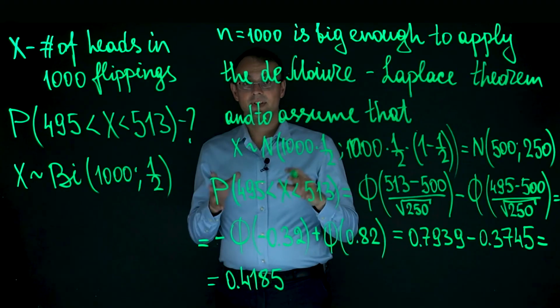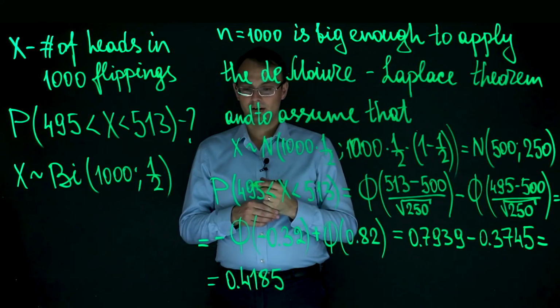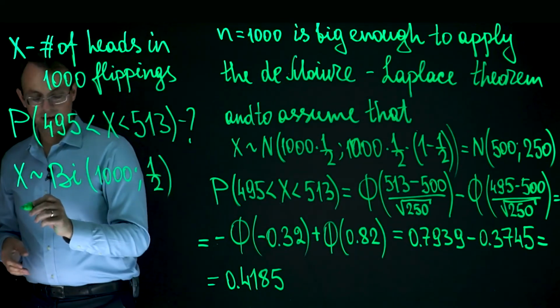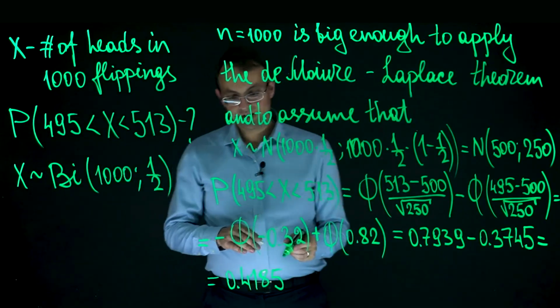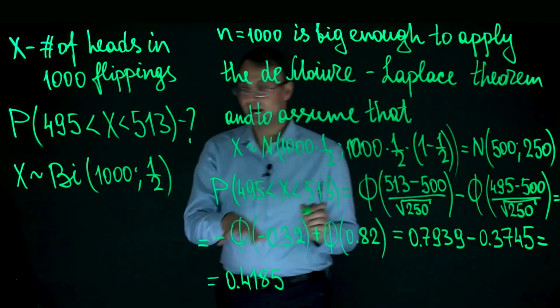And what is the alternative if I don't apply the de Moivre-Laplace theorem? The alternative is to deal with the binomial distribution with the Bernoulli formula and to calculate probabilities of all values between 495 and 513 and to add them.